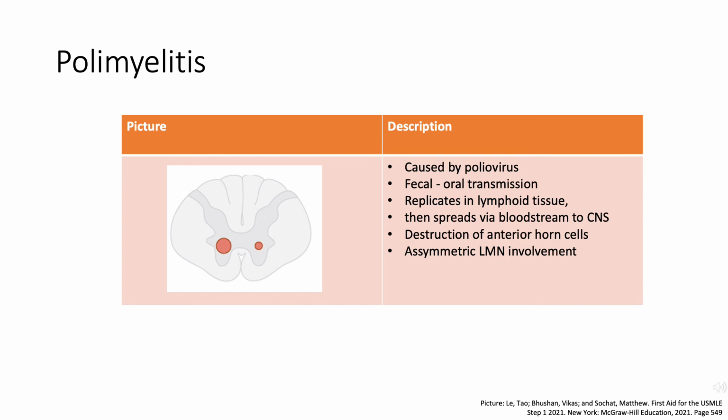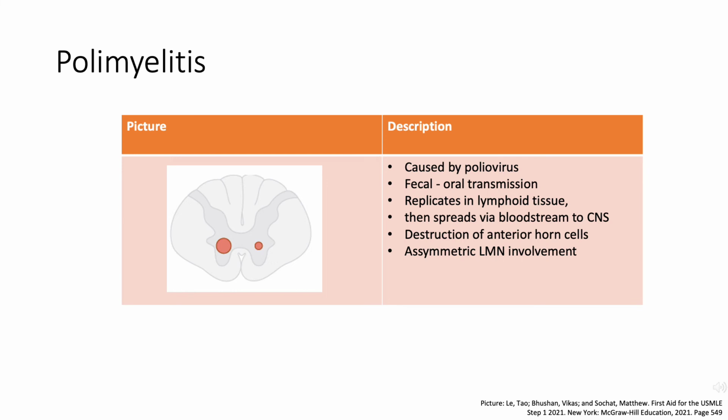The virus then replicates in lymphoid tissue of the oral cavity as well as the small intestine, and then after it multiplies, it spreads by the bloodstream to the CNS and it targets the second order neurons of the spinal motor pathways. So again, it affects the same neurons that the previous disease that we talked about, spinal muscular atrophy, does, but poliomyelitis is an acquired disease, and the first one is a genetic disease.